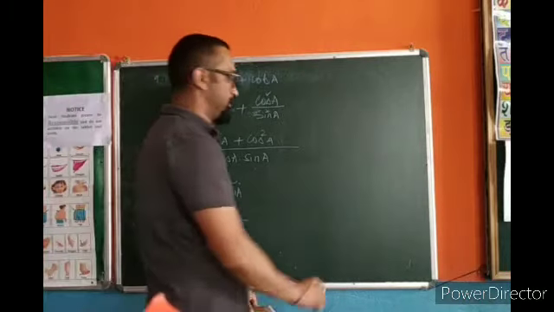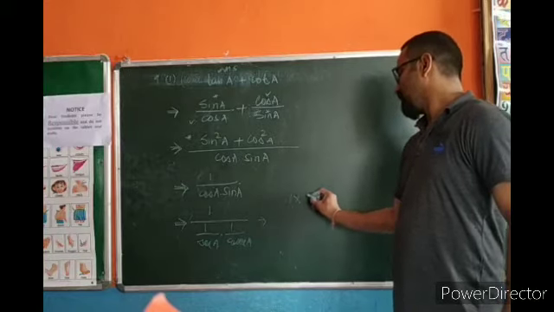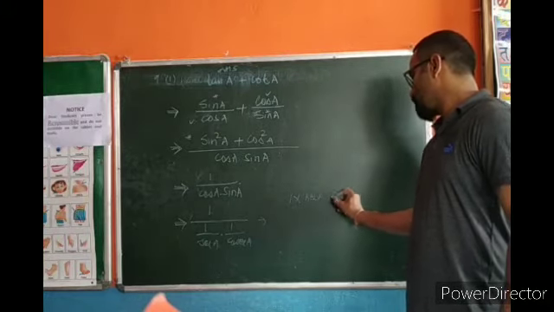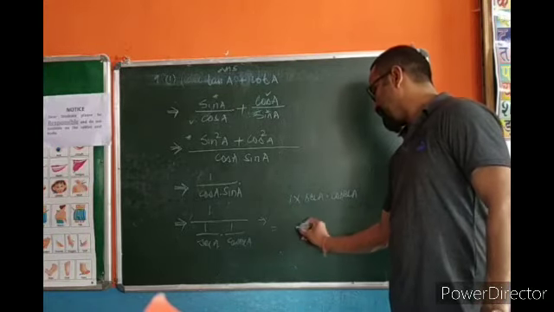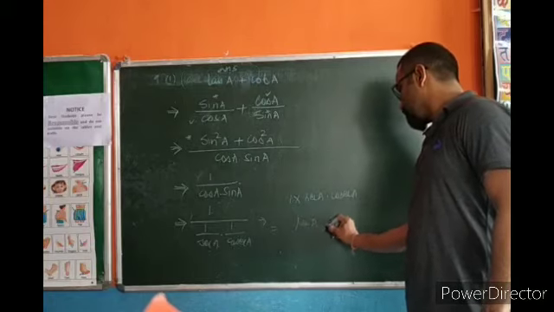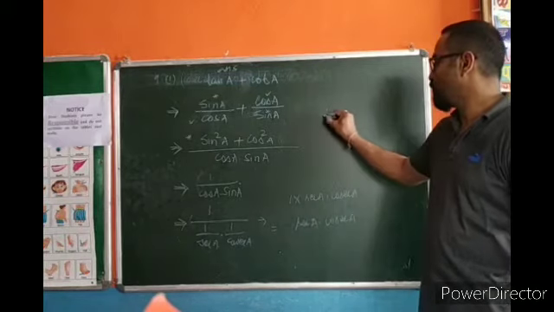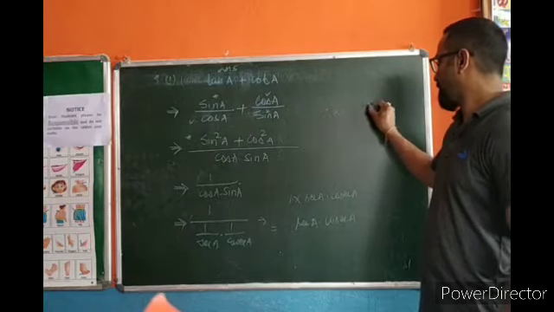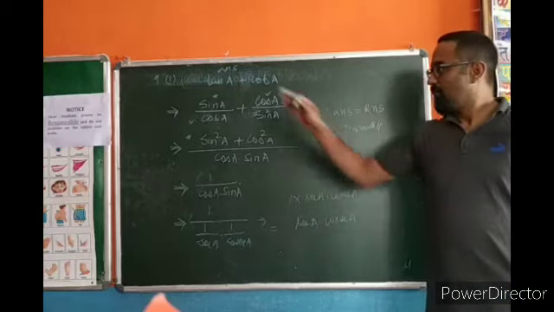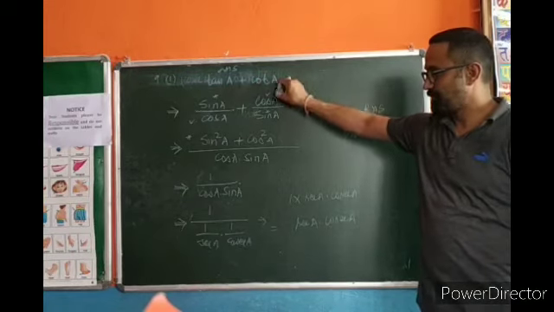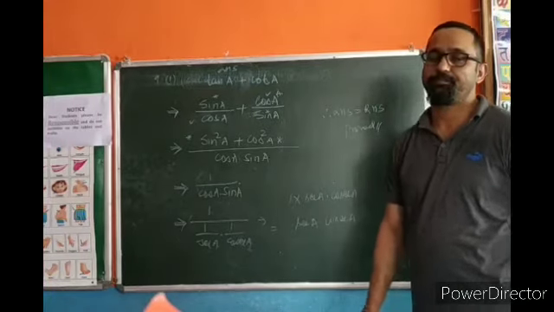Now reciprocate it. 1 into, you get sec A into cosec A, which is equal to sec A into cosec A. Left hand side is equal to right hand side, proved. Application of formulae here, again application of formulae.